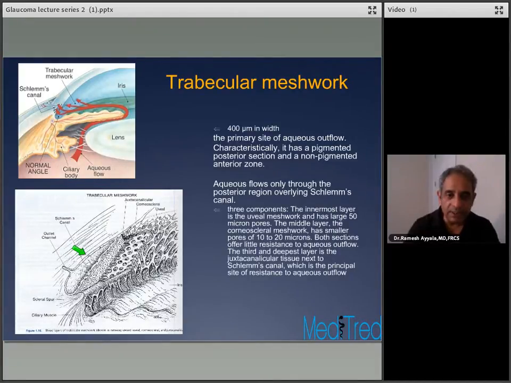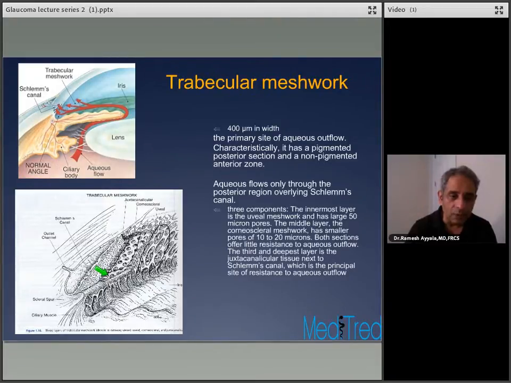Okay, so the three components like we talked about before: the innermost is the uveal portion, where the pore size is approximately 50 to 70 microns. The outer one is the corneoscleral portion, where the pore size is like 20 to 25 microns.